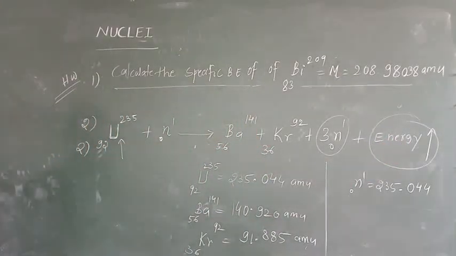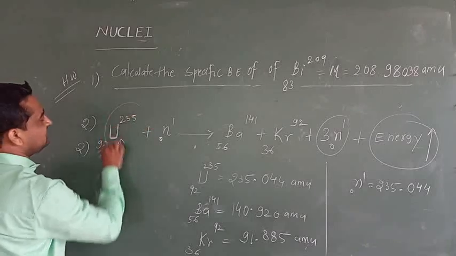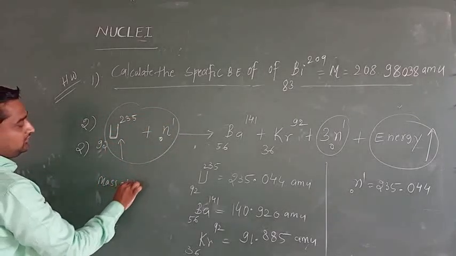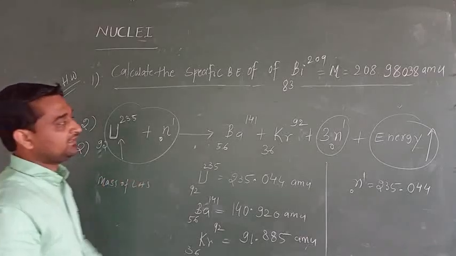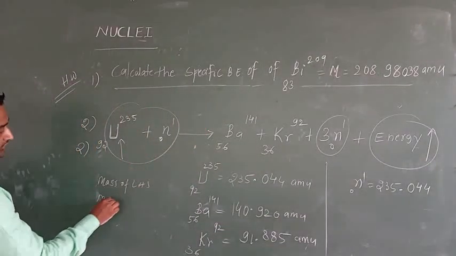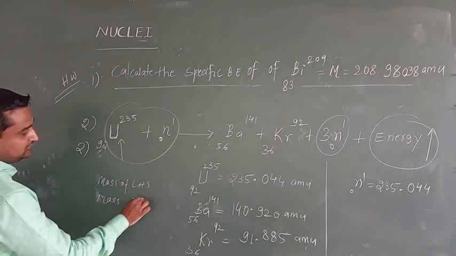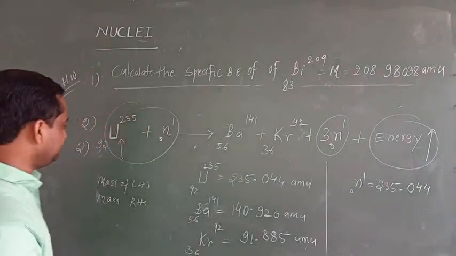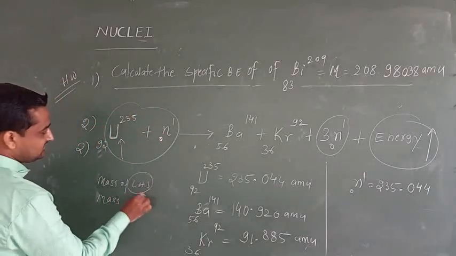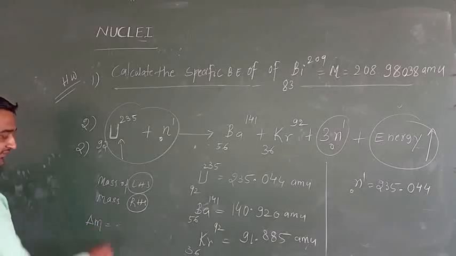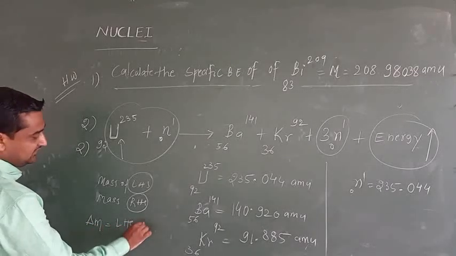First, calculate the mass of the LHS. Next, calculate the mass of the RHS. These are the reactants and the products. Calculate the mass defect: delta M is equal to LHS minus RHS.